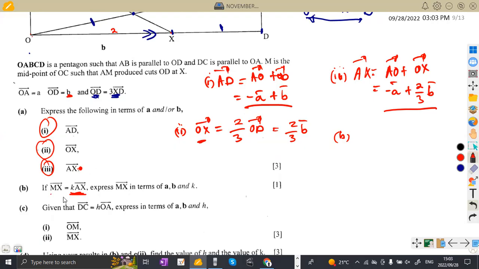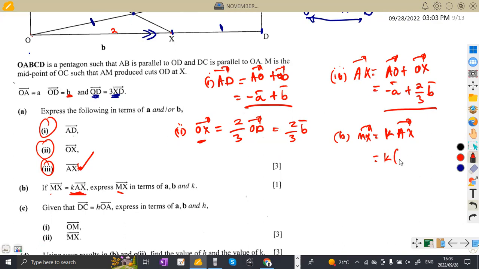Okay, anyways, we are given that MX is equal to K AX. Express MX in terms of this. So the first thing is to find AX, which is the one that we have here. Since MX is equal to K AX, I'm just going to multiply my vector AX by K. What is our vector AX?